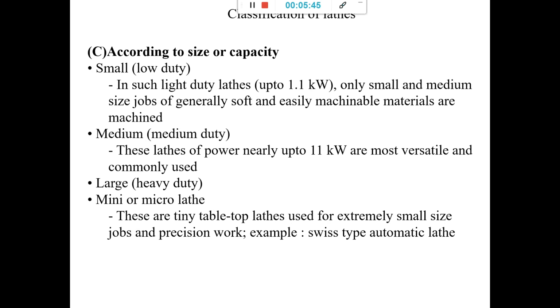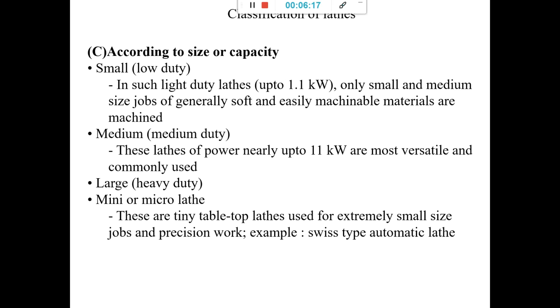Now, according to size or capacity, lathes can be small or light duty lathes. In such a light duty lathe, up to 1.1 kilowatt power will be there, and generally only small and medium sized jobs of soft and easily machinable material can be machined.